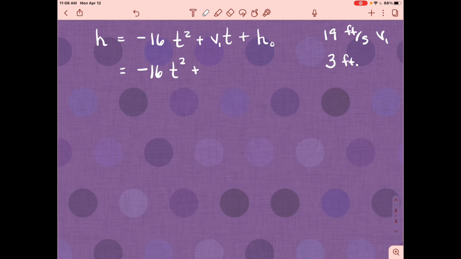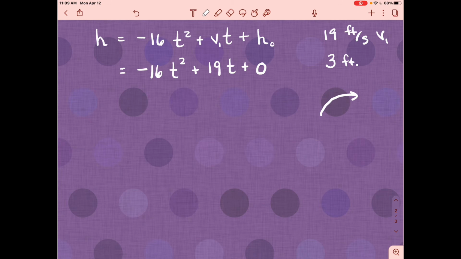Our initial velocity is 19 times t, plus what is our initial height? The cheetah jumped right off the ground to pounce on the antelope. So it jumped like this, and so we will say that the initial height was 0.